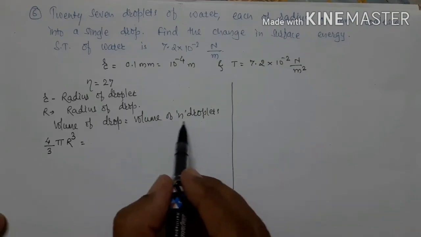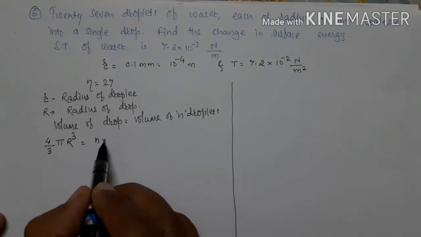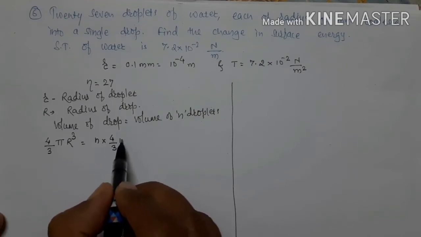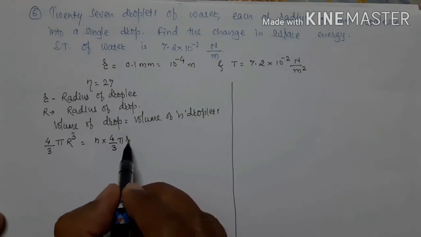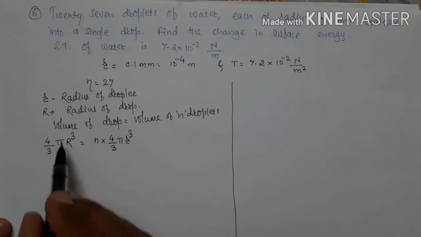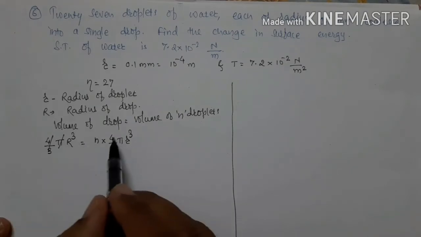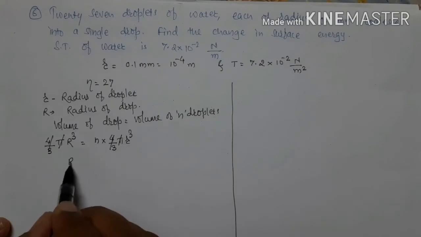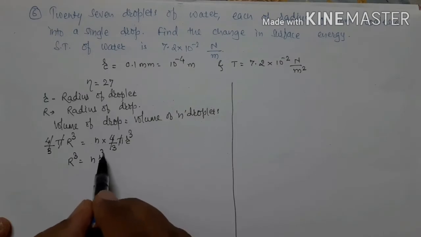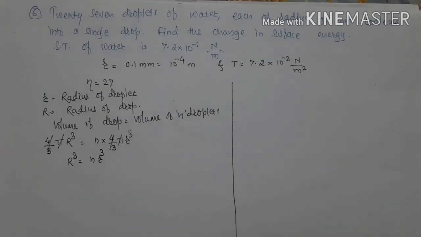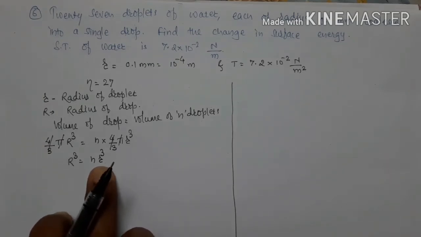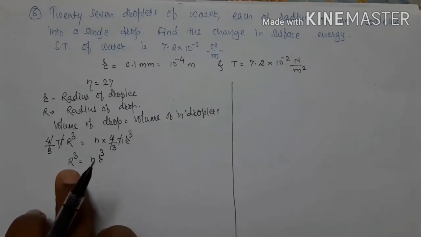The volume of n droplets is n into the volume of a single droplet, 4 by 3 pi r cube, since the droplet radius is small r. The 4 by 3 pi cancels from both sides, so R cube is equal to n into small r cube. This is the radius of the droplet, and this is the radius of the drop.